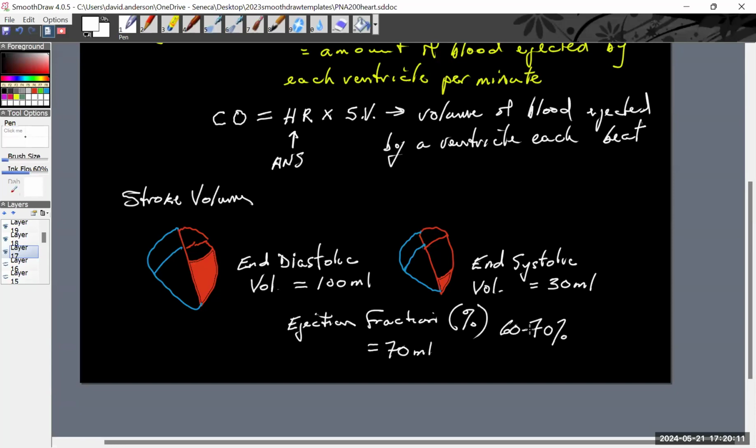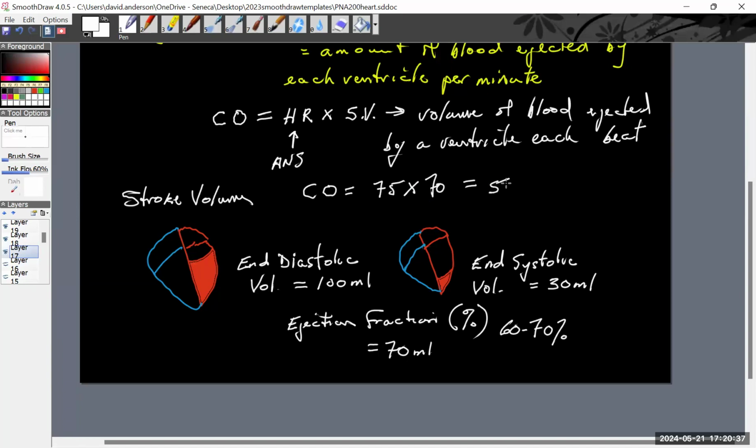So if we take this formula up here and we say cardiac output is a function of heart rate, and we say that a typical heart rate is about 75 beats per minute, and now we put in our stroke volume, 70 milliliters with each beat, we're going to get a number.